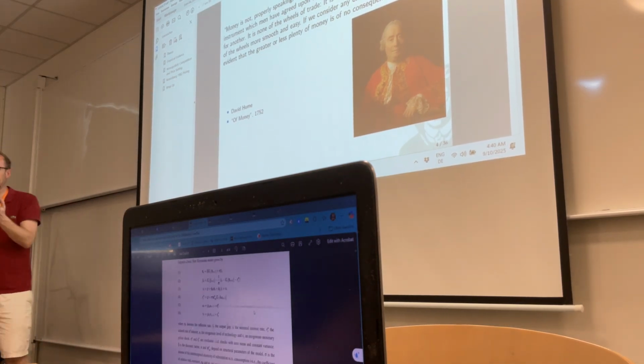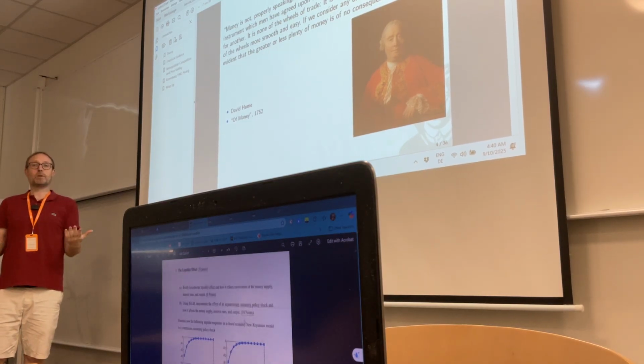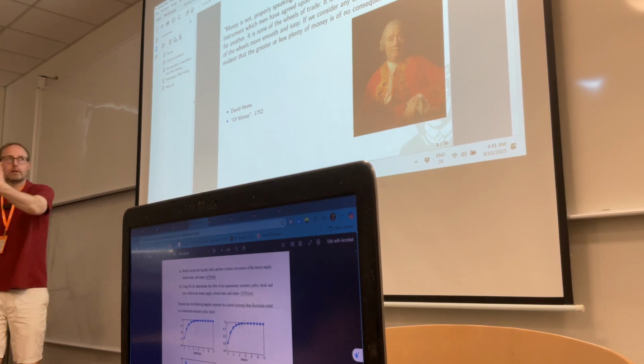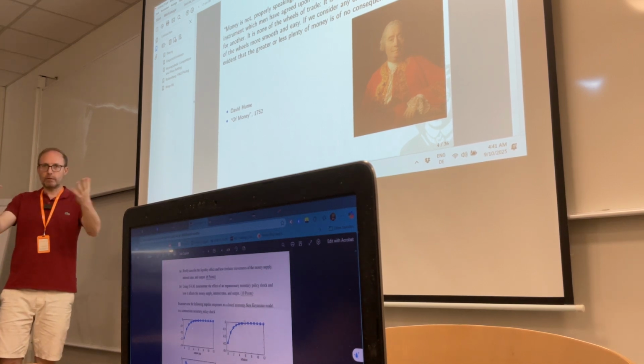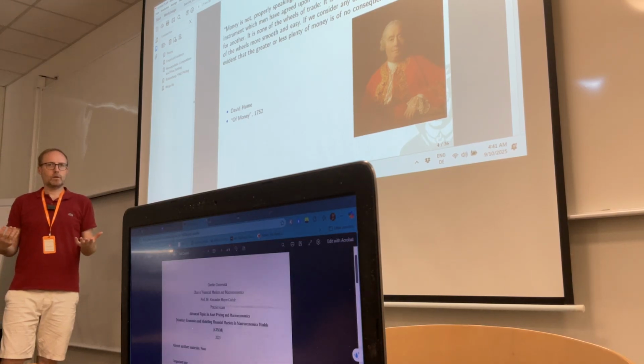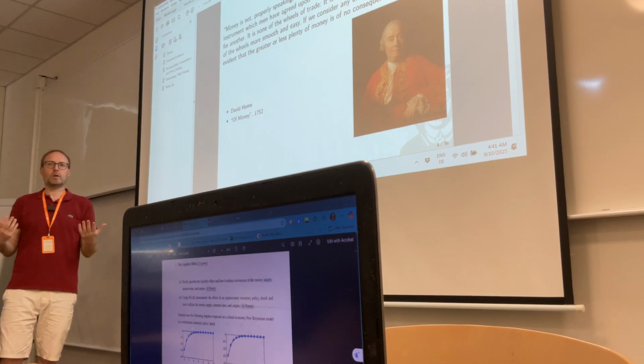Just as an example, if you give me twice as much money, I have more purchasing power. I'm wealthier. But if we double the amount of dong that everyone in Vietnam has in their pockets, is Vietnam producing any more? No. So we can't be wealthier in terms of being able to afford more goods.